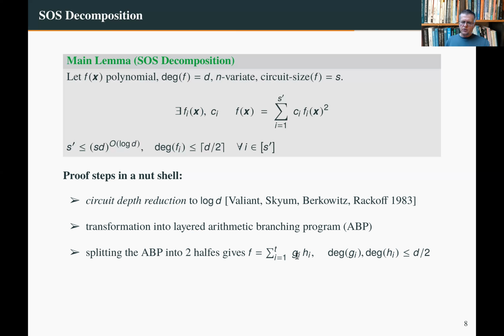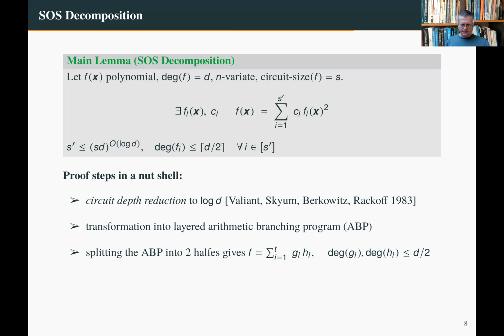This defines two polynomials, g_i, h_i, for every intermediate vertex. And so we get a representation of f in that form here. And because the branching program is layered, both parts have degree at most d/2.